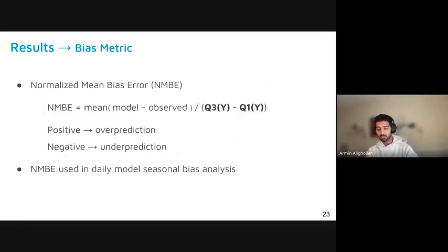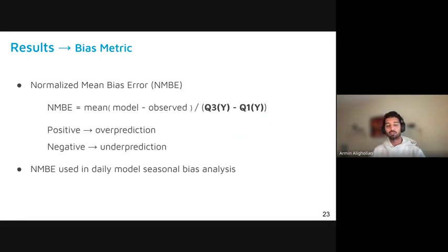Okay, so that was PNRMSE, related to root mean square error. Now we want to talk about normalized mean bias error. We use this frequently in the daily analysis for the seasonal bias, if you remember. This means basically the average bias, where bias is model minus observed value, pure without any absolute or squared values.